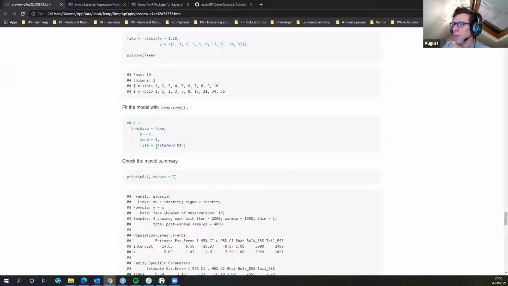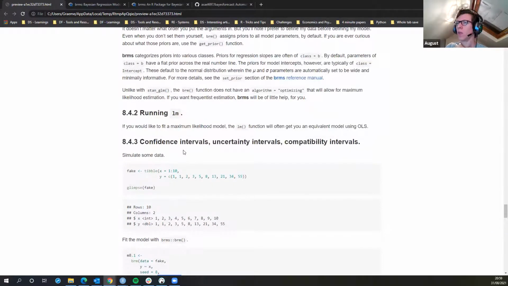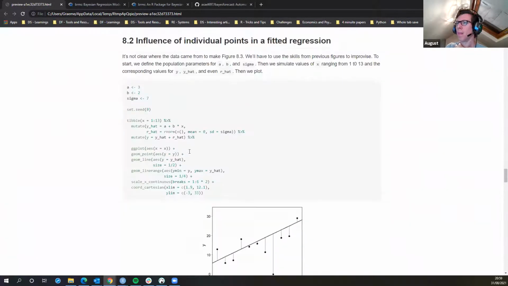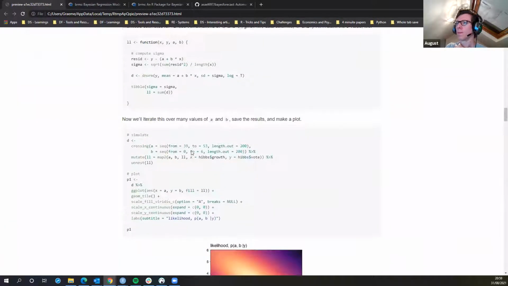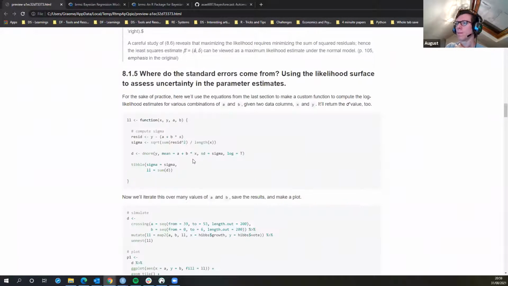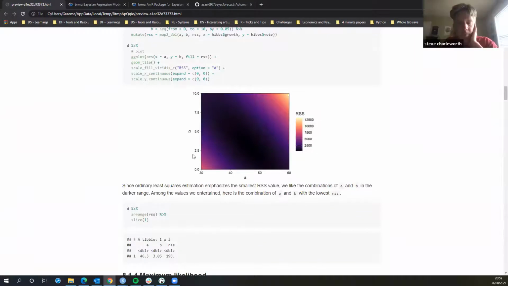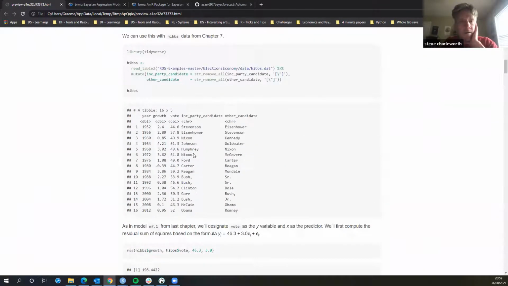So fits is, so he saved the model here. Is that what we created up here? Did we create that up here?